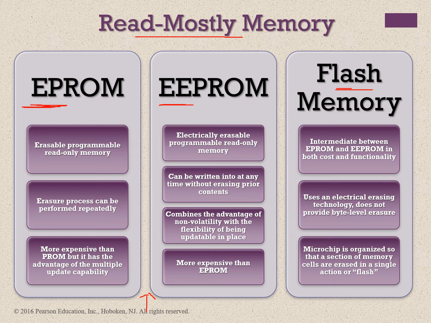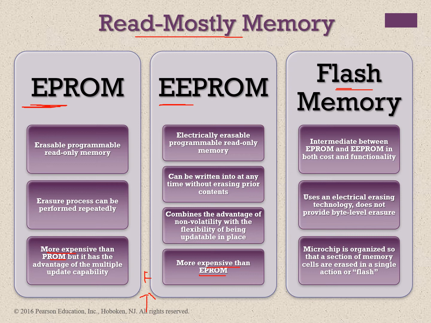EEPROM is more expensive than EPROM, and your flash memory comes under this category: less expensive than EEPROM, more expensive than EPROM. In terms of performance also, it is in the middle.